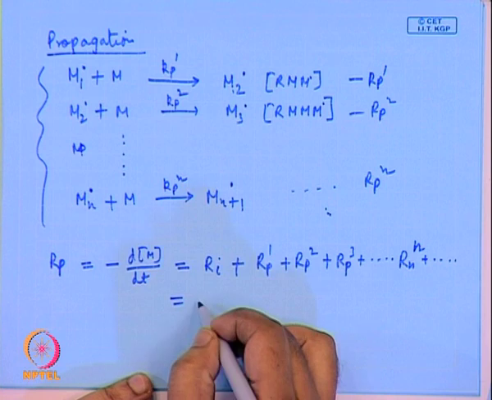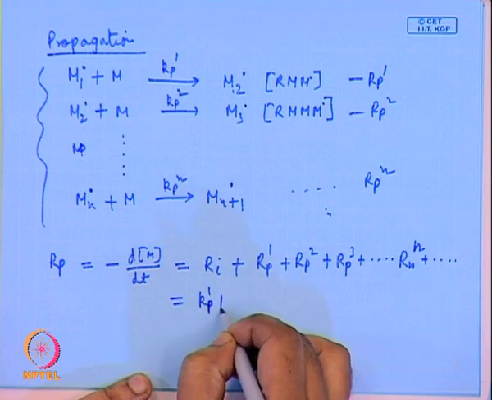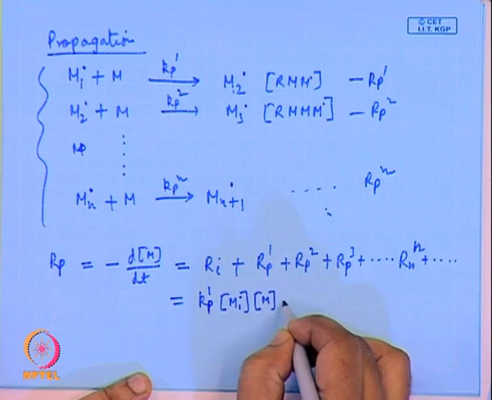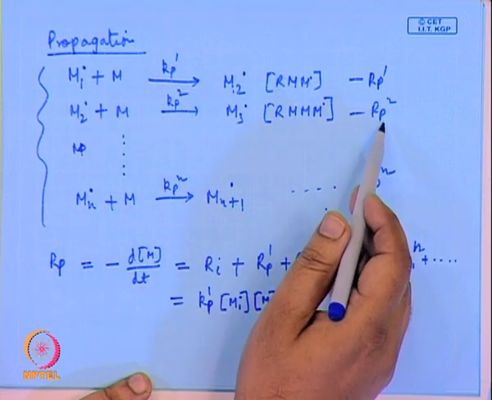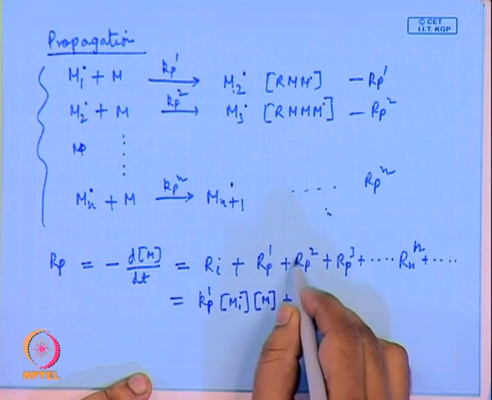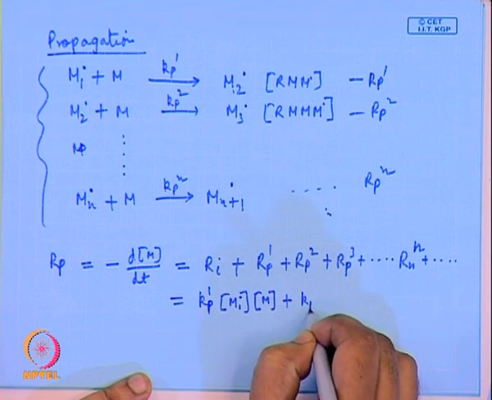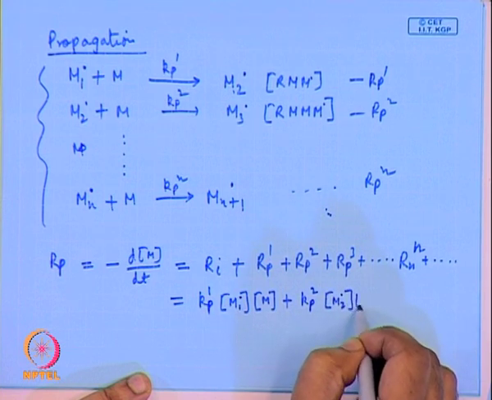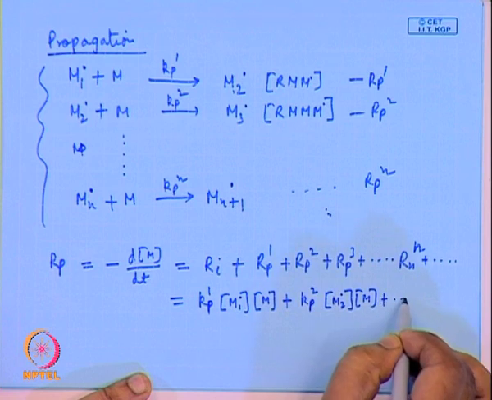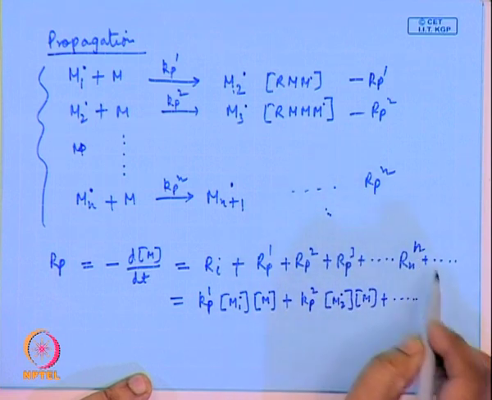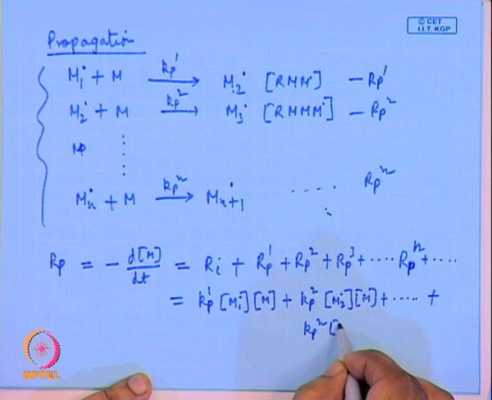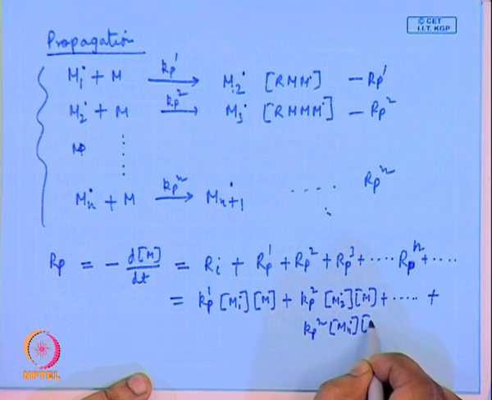Rp1 is given by Kp1 [M1 dot][M], plus Rp2 is given by Kp2 [M2 dot][M], and so on, and Rpn is given by Kpn [Mn dot][M].